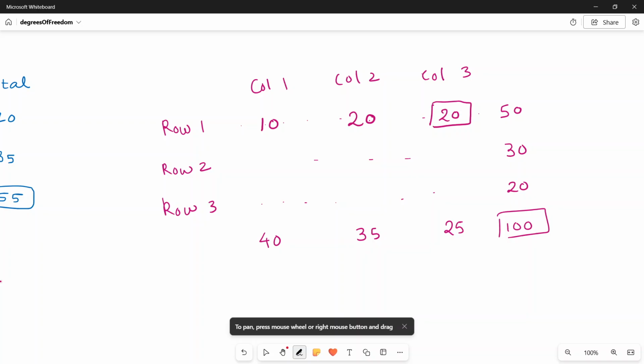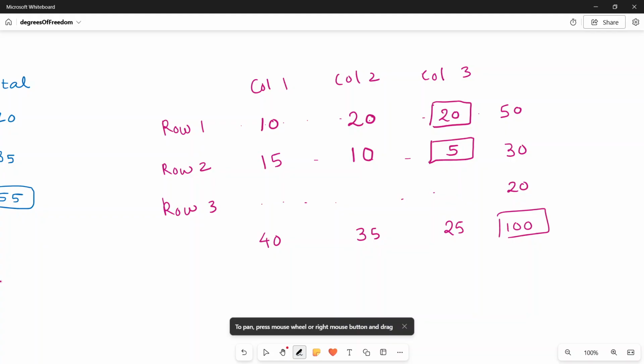Similarly, along the rows, I have some freedom over here. Let's say this is 15. Let's again go to column 2, and let's say I choose the value 10 over here. Again, I have no freedom over here but to choose 5. Now, do I have the freedom to choose any value over here?